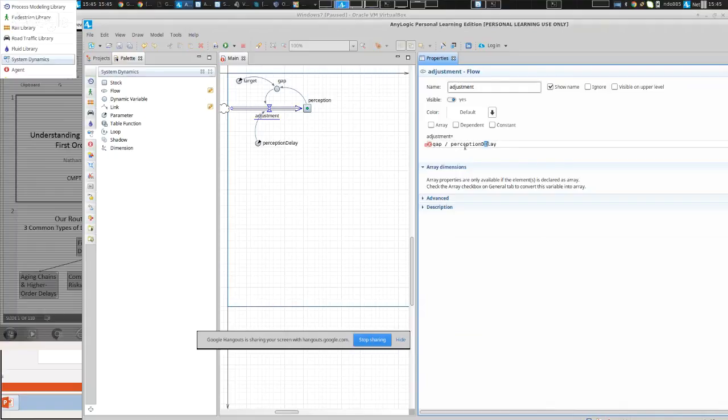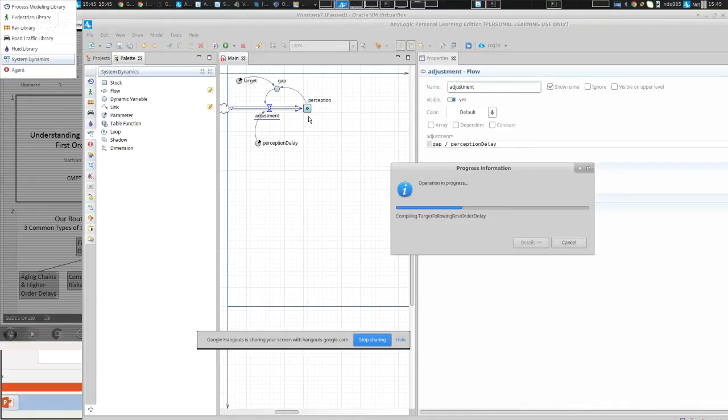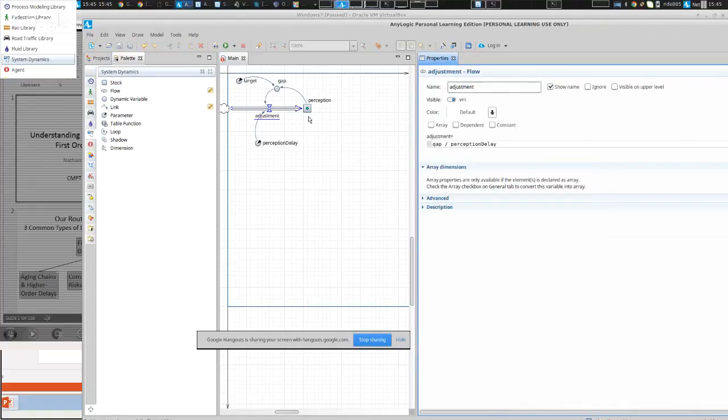So the bigger the gap, what is this going to mean for the inflow? If the target is way above our original perception of it, that's going to give us a signal in terms of the gap that our perception needs to rise to follow the target. If the target is way below our perception, the gap will be negative and we'll end up draining this. But we'll do so only at a certain rate. Only at a certain speed will we adjust our perception. It's given by perception delay.